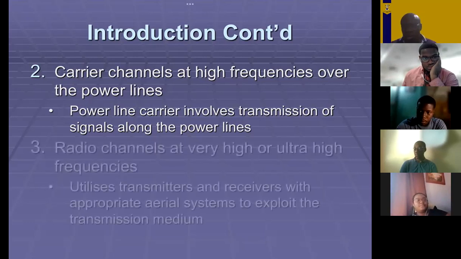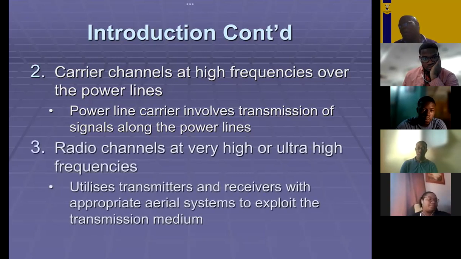All right, you also have radio channels. And by radio channels, what we're talking about are microwave, right? Microwave signals. So you'd now have the signal transmitted via microwave. The biggest challenge with microwave is that you need line of sight.